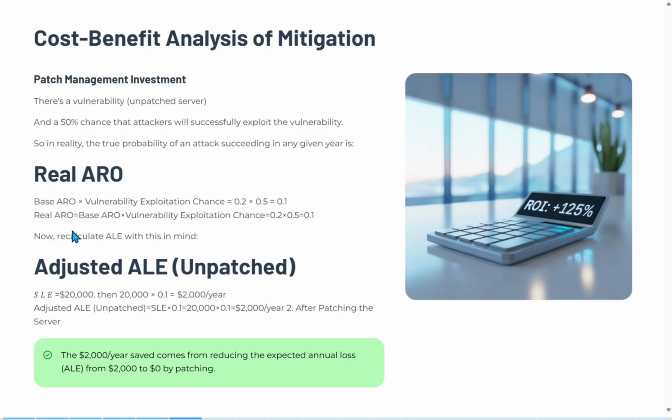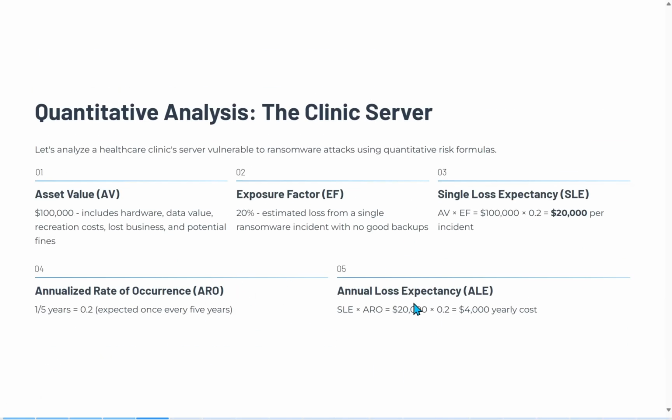So the real annual rate of occurrence is equal to the base annual rate of occurrence and the vulnerability exploitation, which we already calculated here. So to adjust everything to align with the annual loss expectancy, remember the annual loss expectancy we have here is 4,000.